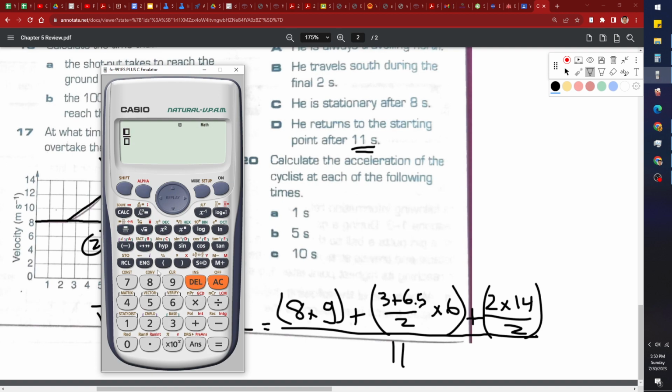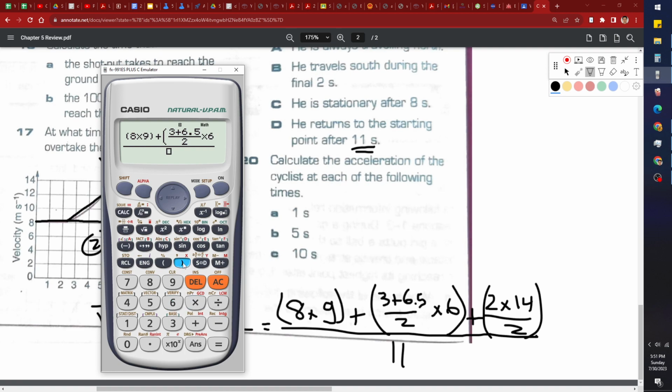First one is 8 times 9, close, plus, and then we want all this in a big bracket, and then also this 3 plus 6.5 divided by 2, move it over, multiply 6.